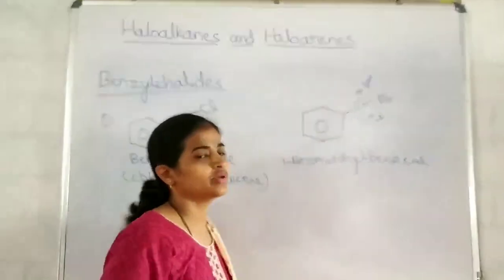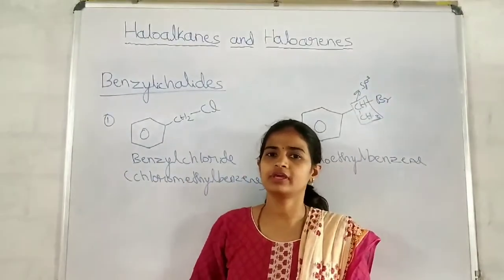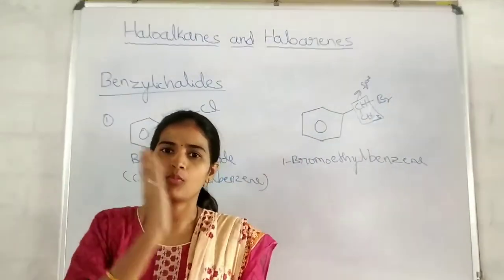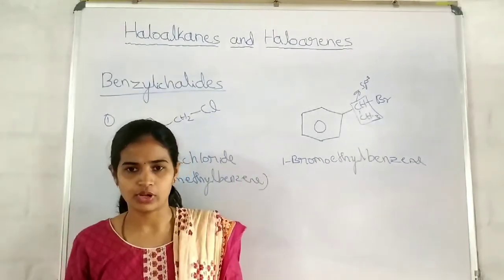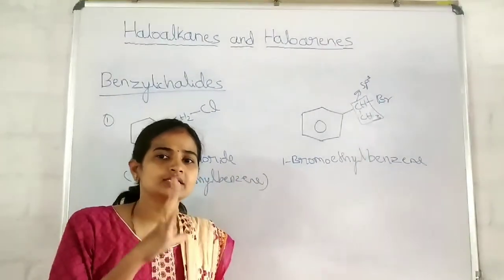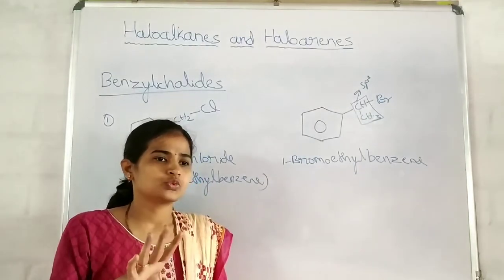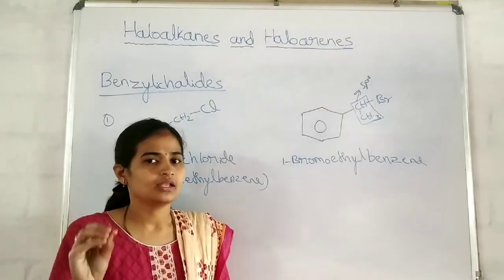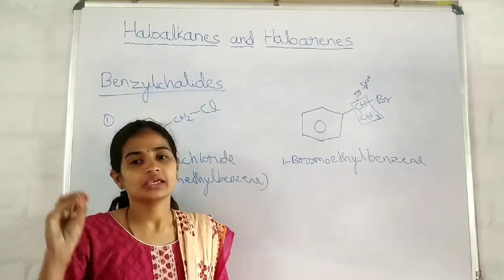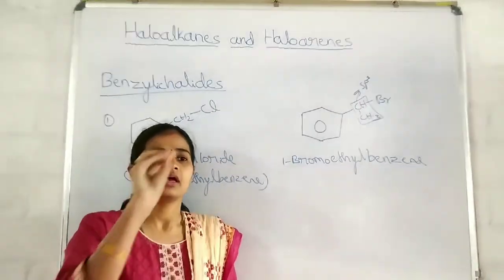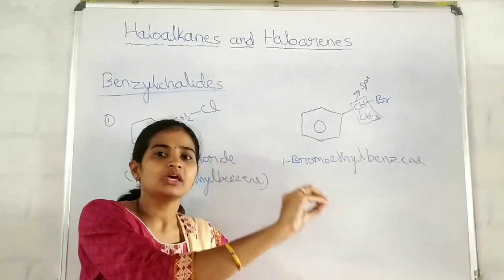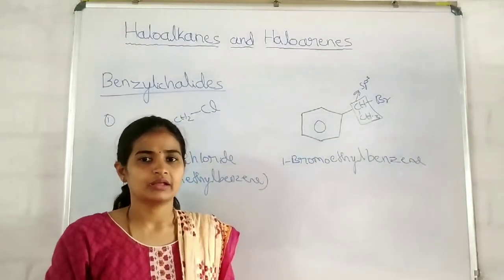Hope you remember we are studying the classification of the haloalkanes: monohaloalkanes, dihaloalkanes and polyhaloalkanes. Monohaloalkanes are further classified as those in which the halogen atom is attached to an sp3 hybridized carbon atom, and those in which the halogen atom is attached to an sp2 hybridized carbon atom.